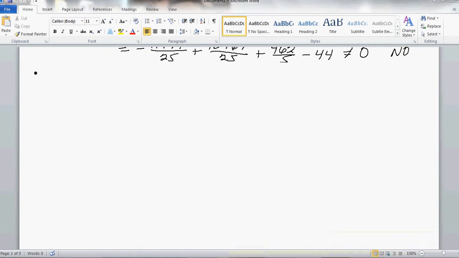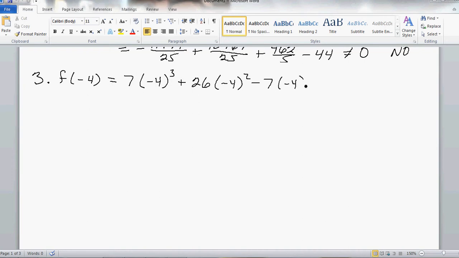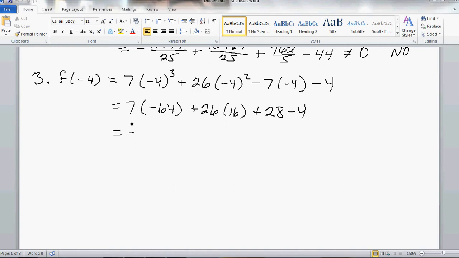Example number 3. It's x plus 4, so I'm going to put in negative 4 in for f, and it's 7 times negative 4 cubed plus 26 times negative 4 squared minus 7 times negative 4 minus 4 equals 7 times negative 64 plus 26 times 16 plus 28 minus 4 equals negative 448 plus 416 plus 28 minus 4, which equals negative 8.